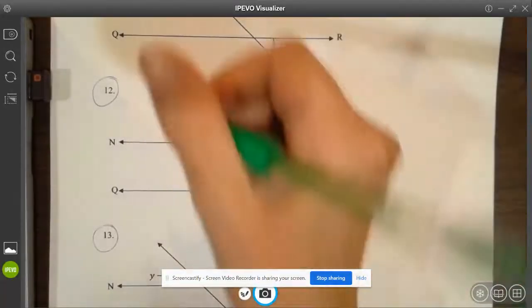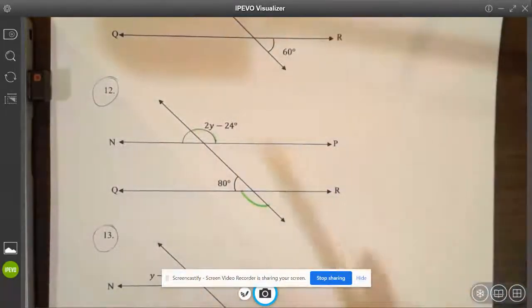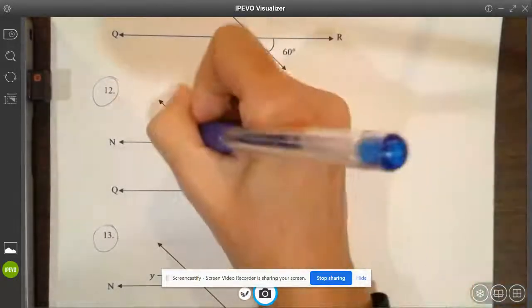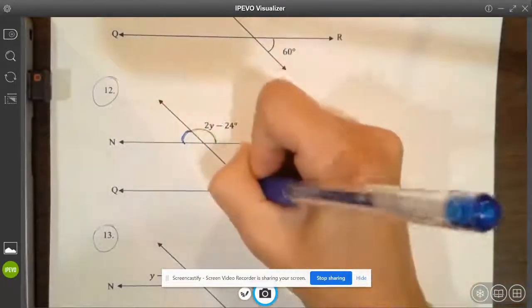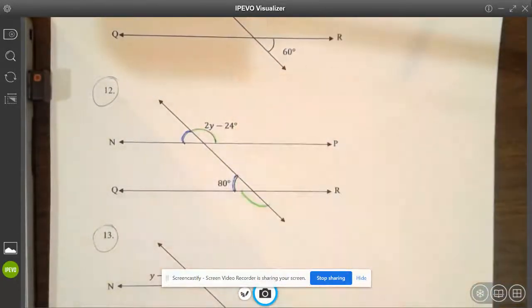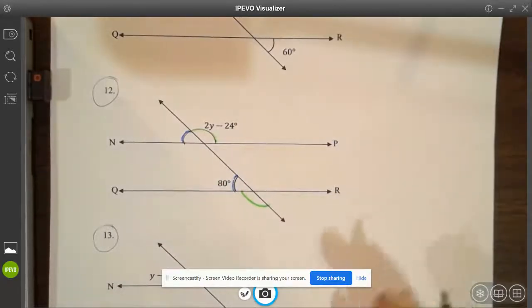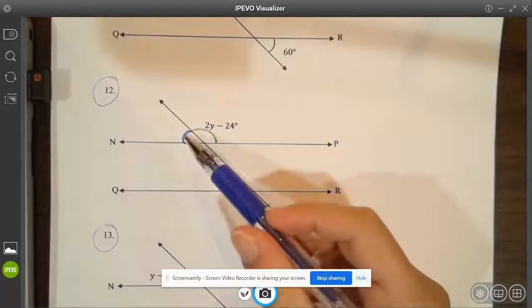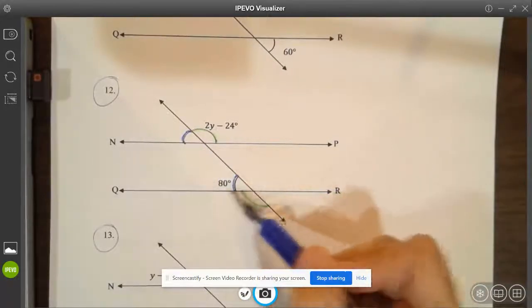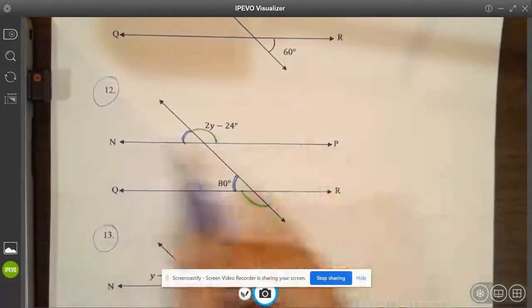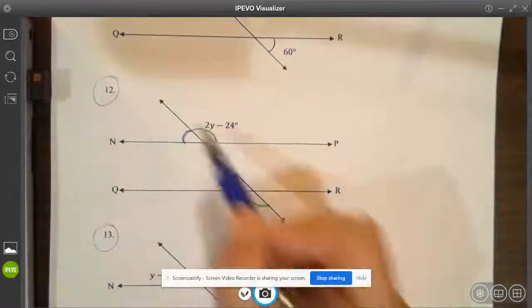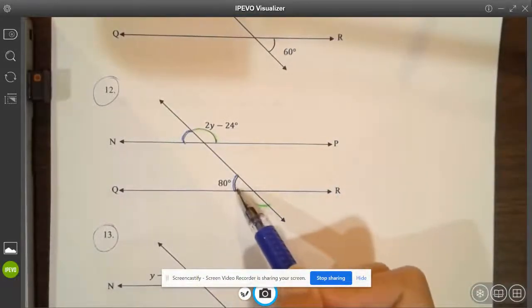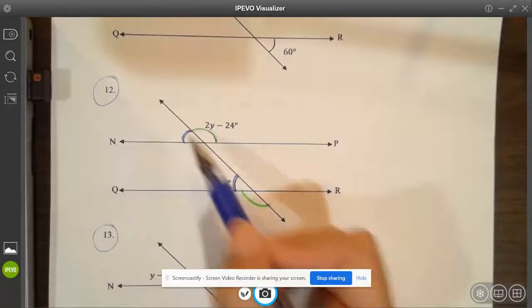We know that this angle and this angle are the same because now it's a new thing. These are corresponding angles. Notice that they're in the same position, and because these two lines are parallel and this is a transversal, they must be the same.